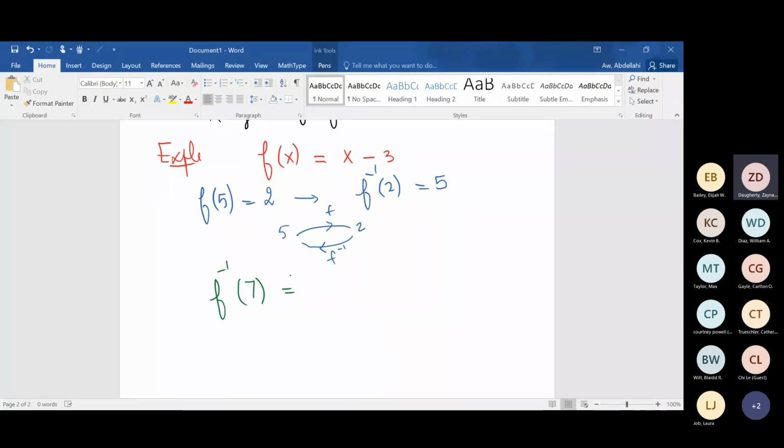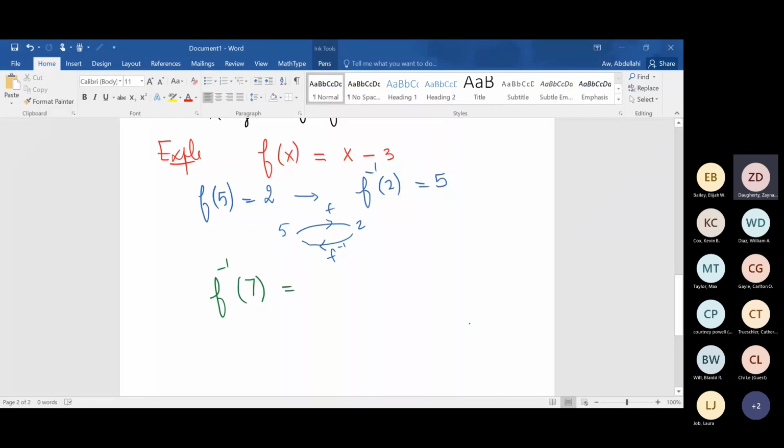See, when it comes to f, this 7 is not an input. This 7 is an output, a y value, and we are asking what x value will give you 7 as a y value. So what is that x?